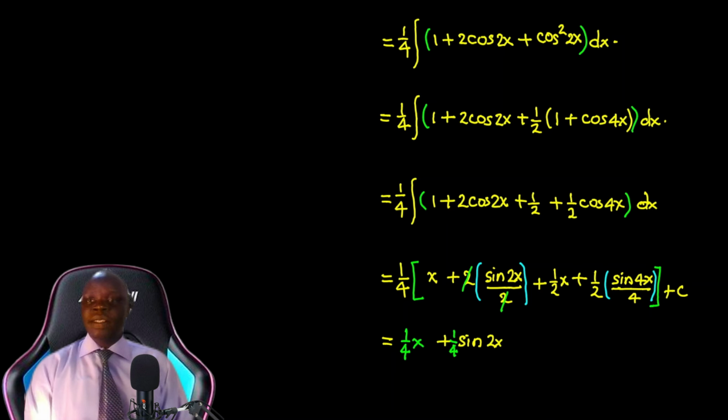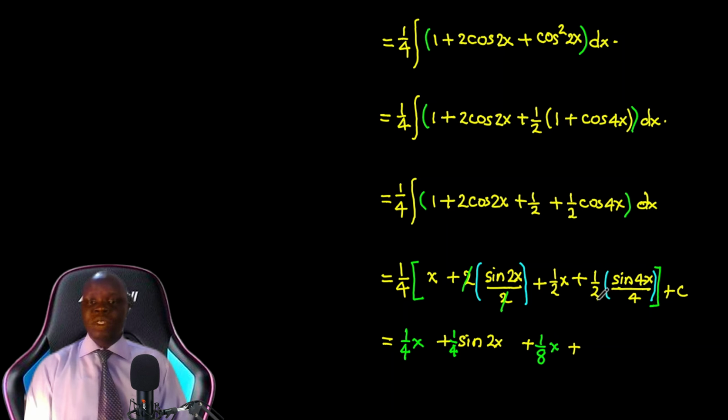Now plus, again, this time we need to multiply 4 and 2. So we shall have here 1/8 x plus, so before we open up this bracket, we need to multiply by 4.